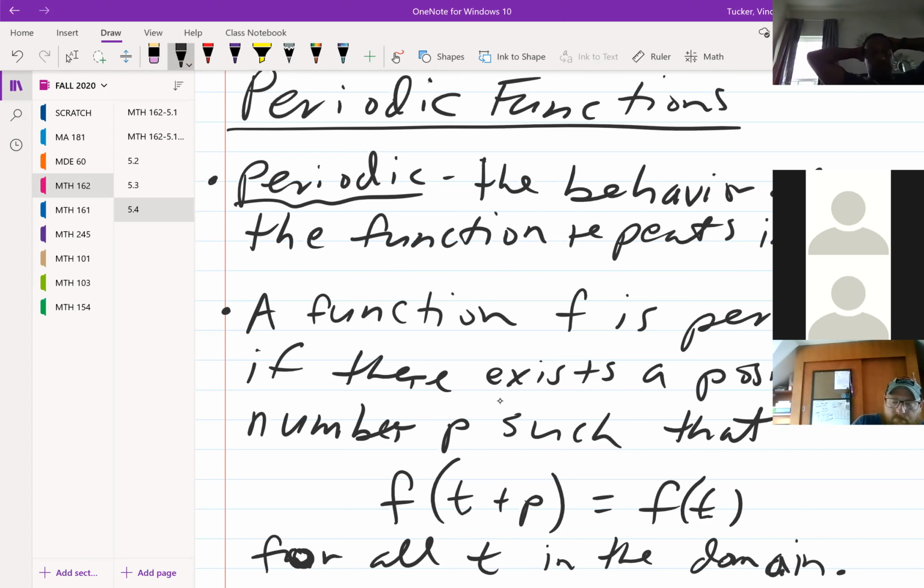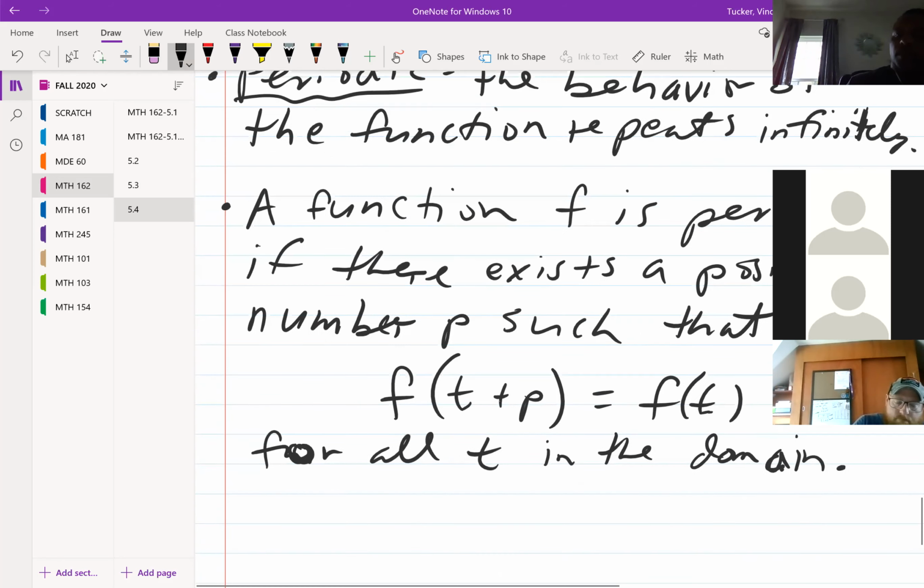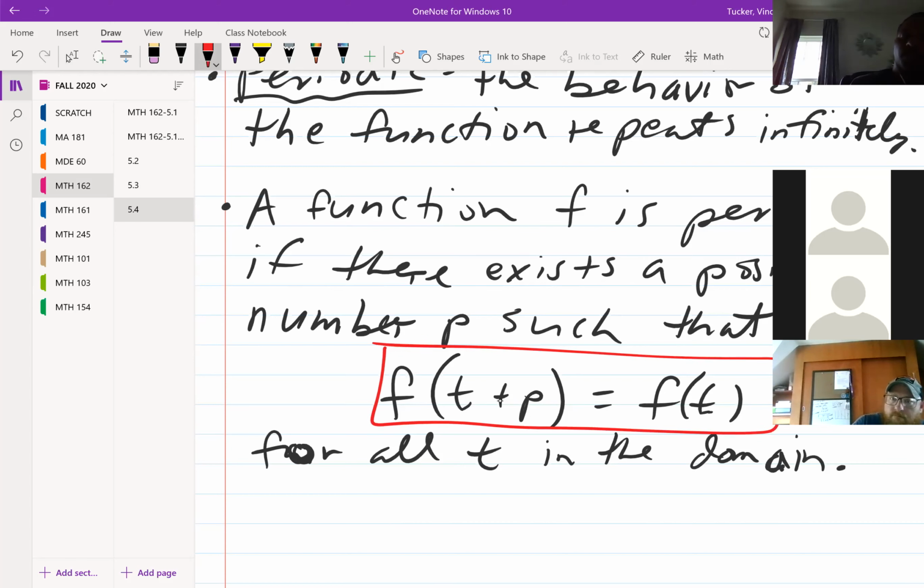All right, so periodic functions. Periodic means the behavior of the function repeats infinitely. A function f is periodic if there exists a positive number p such that f of t plus p is equal to f of t, for all t in the domain. We're going to use that relationship shortly.